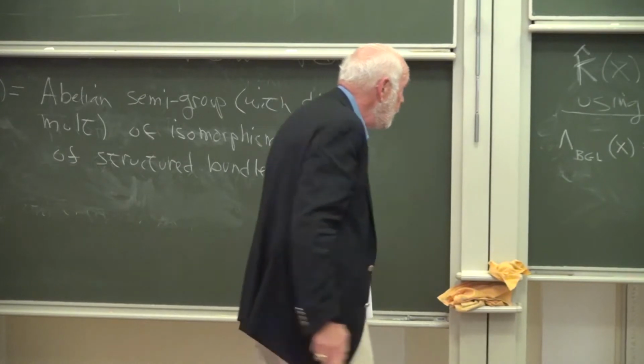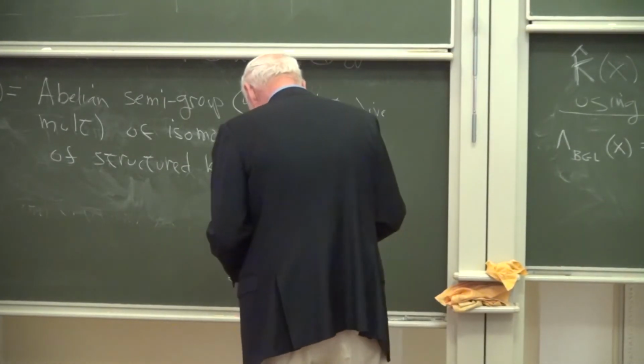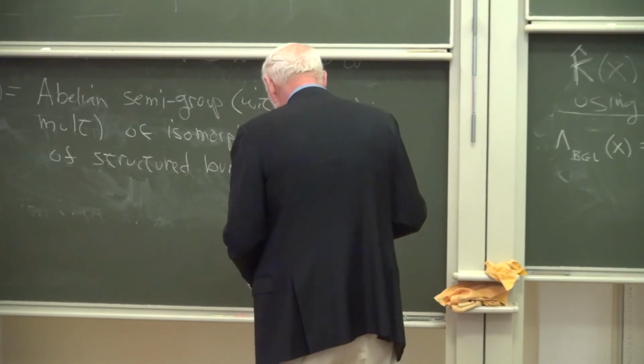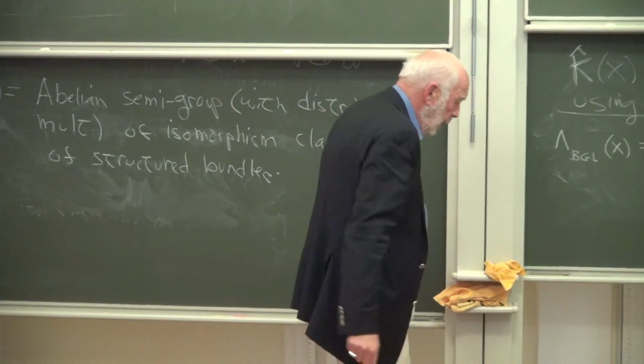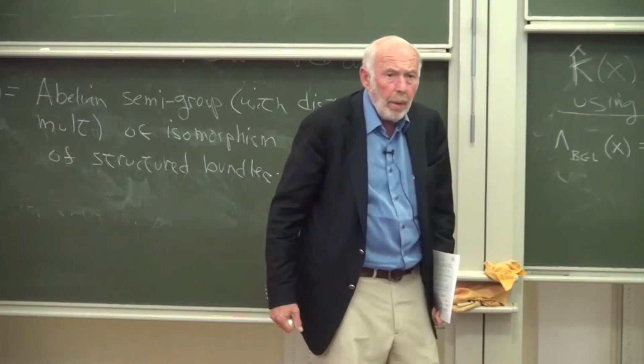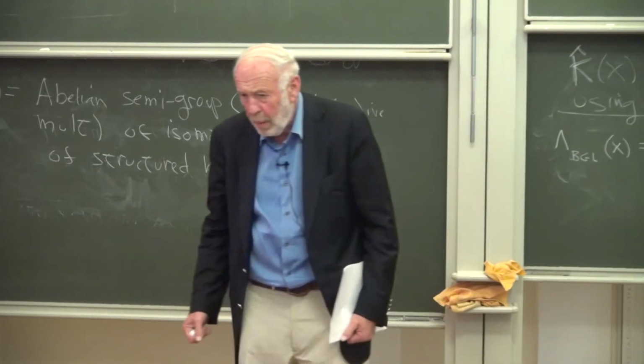It's a little mysterious, but there it is, and it's a perfectly good thing. Well, it's not mysterious, you just said it, they all come from connections on stabilized bundles. Yeah, so they're all Chern character forms of all connections on all bundles.